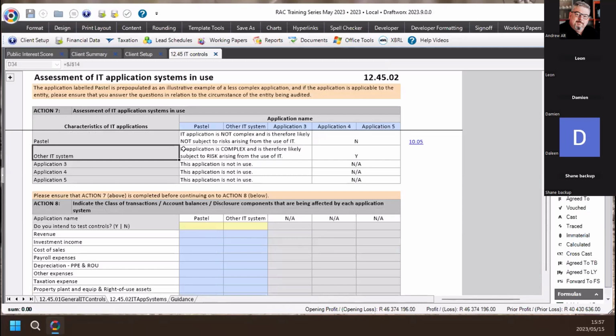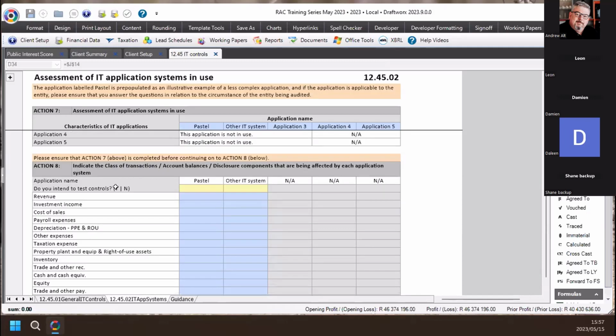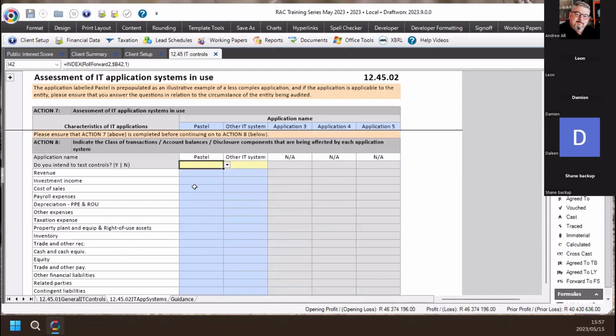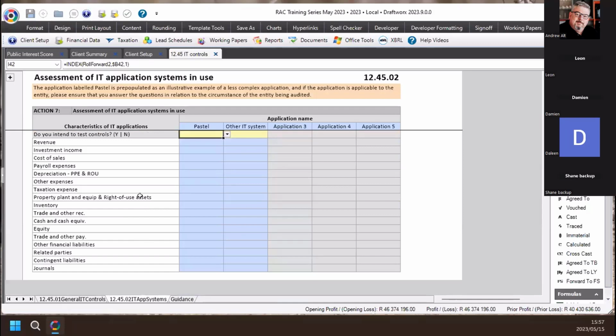All right. Once you have completed everything in action 7, you can now go and say, well, which system impacts which component of the financial statements? And it's important, folks, to complete this properly.